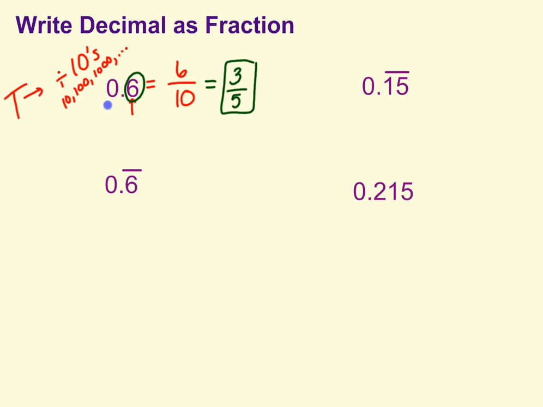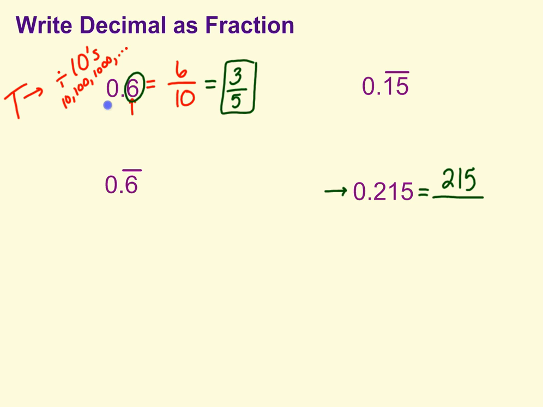All right, I'm going to jump to the other terminating decimal on this slide just so I can talk about that again. You can see this 0.215 over here on the right. That's a terminating decimal. It terminates after that 5. It does not continue. So what we do is we take the decimal off, just take your 215 and divide it by.